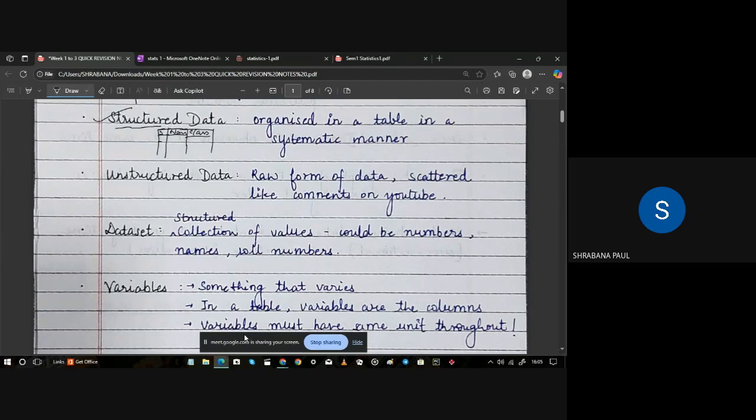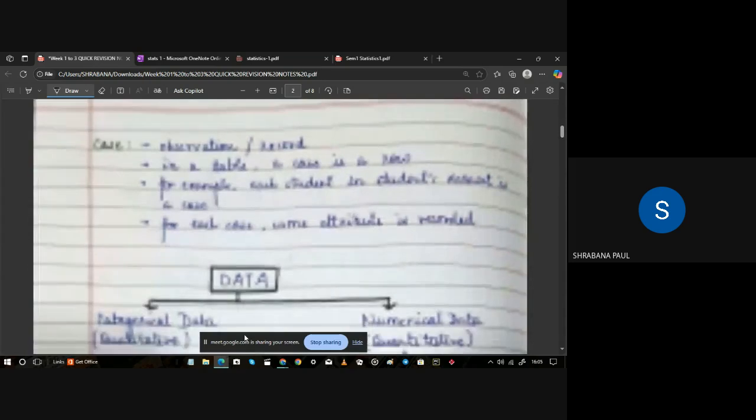So structured data are those that are organized in a table, whereas unstructured data are raw data, scattered like comments on YouTube. So in an MCQ, if they give a table, you can identify whether this is structured data or unstructured data. Okay, you can differentiate between them.